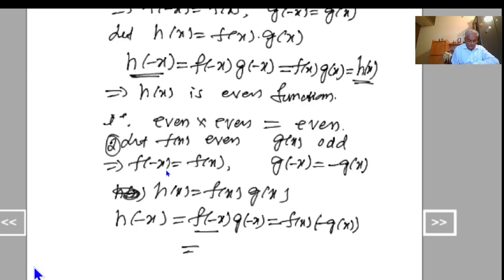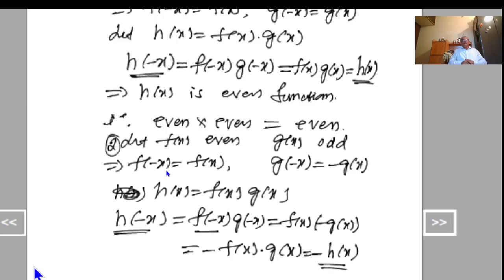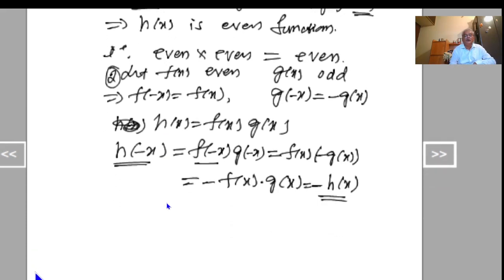So this is equal to minus of f(x) times g(x), this is equal to -h(x). So what I am getting here is h(-x) equal to -h(x). What this implies? This implies h(x) is an odd function, because I am getting h(-x) is equal to -h(x).